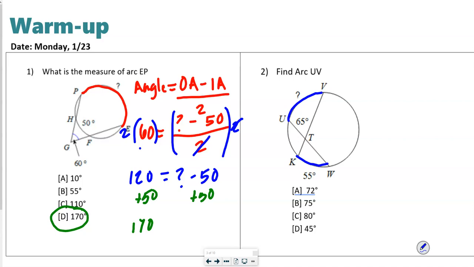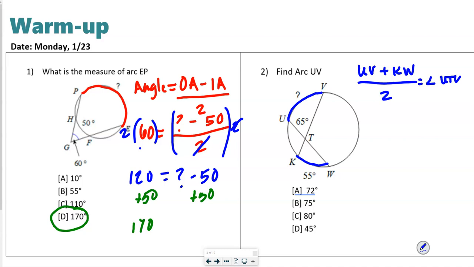So we're going to do arc UV plus arc KW, because it's arc plus arc divided by 2 is equal to the angle, in this case, angle UTV.